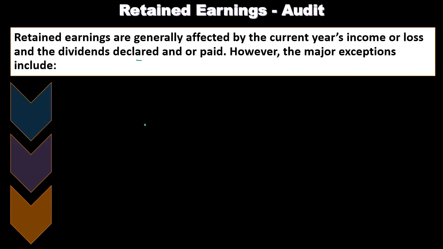Now, again, that's basically it with regards to retained earnings. It's a really important account, but really it's basically the net income that's going to roll into it, or the loss, and the dividends. We talked about the auditing process of the dividends, and with regards to the net income, of course, we will audit net income, but we're going to audit net income as we audit the income statement accounts.